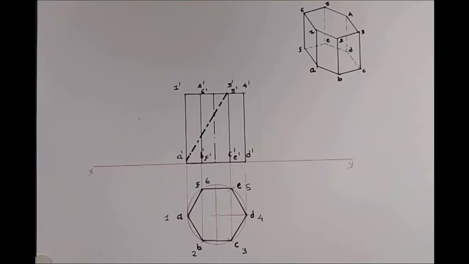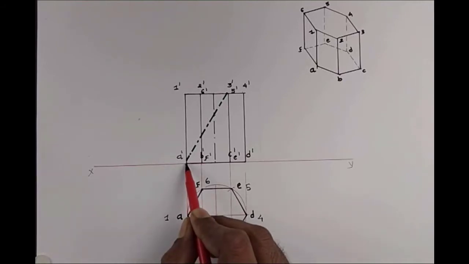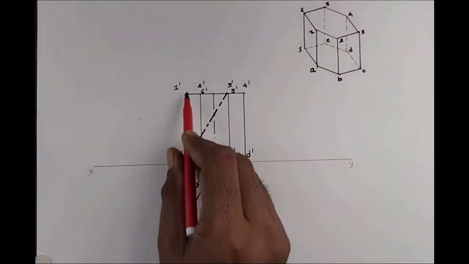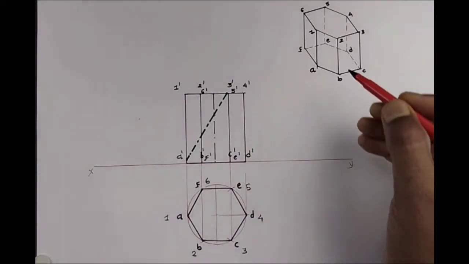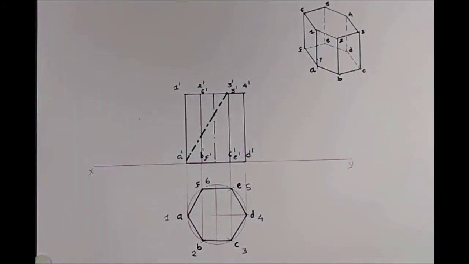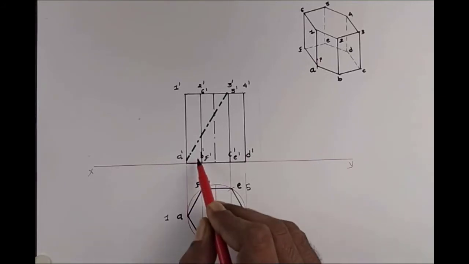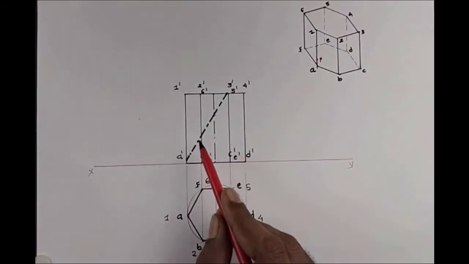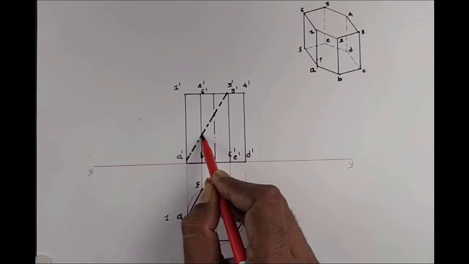Now here we mark the points. Before marking the points, we understand the 3D figure. Your A dash 1 dash is going to cut the vertical edge of the rectangular face first, at my P point. Then B dash 2 dash, nearer to the observer, is cut here at a Q point.